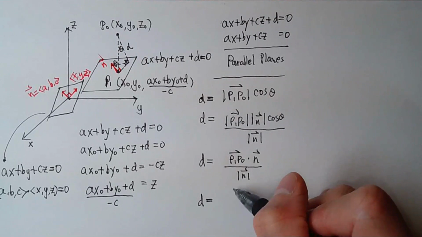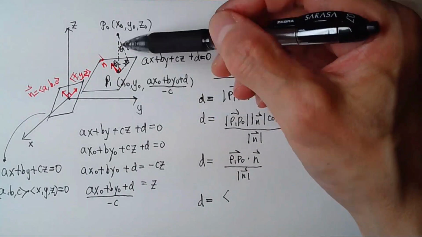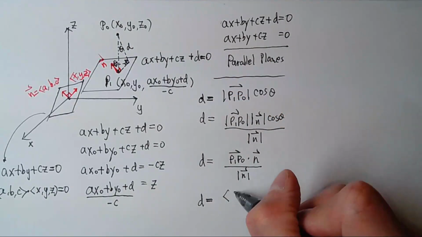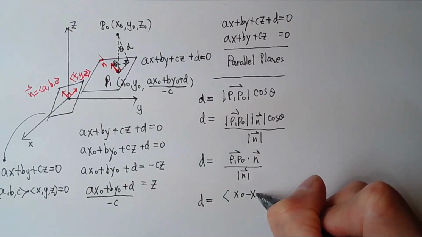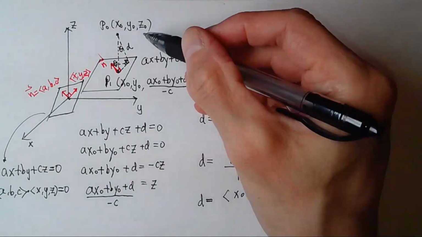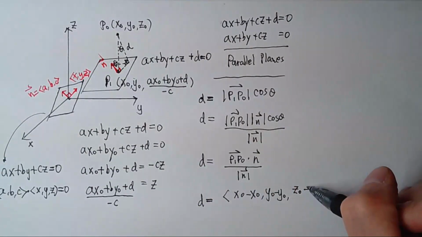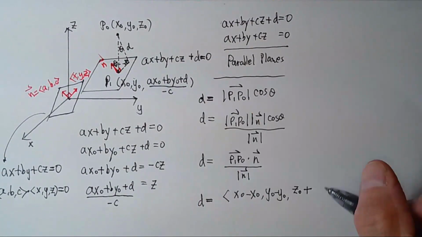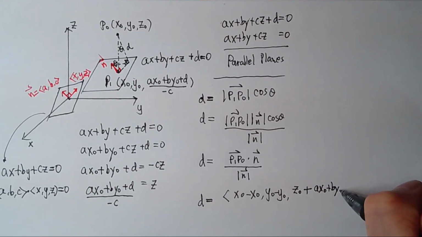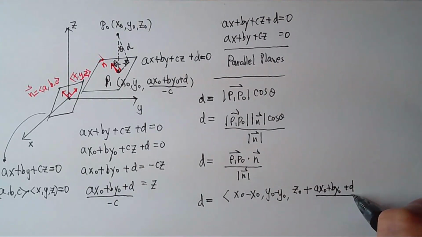And what is the vector P1P0? We just use the endpoint, subtract the initial point. So the endpoint is x sub 0, y sub 0, z sub 0. So we have x0 minus x0, y0 minus y0, and z sub 0 minus this quantity. So I change to positive ax0 plus by0 plus d, divided by c.